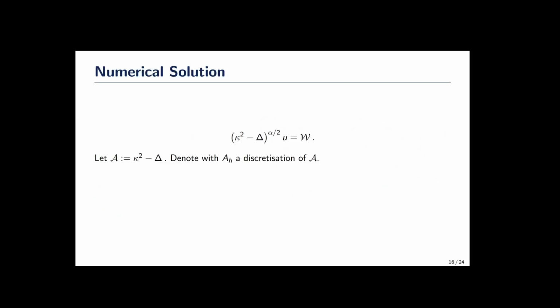In order to deal with that, let me briefly introduce a discretized version of this inner operator. The brute force method to still make sense of that fractional operator would be to just take the matrix power of this discretized operator.